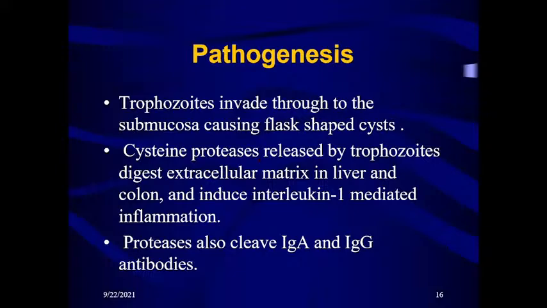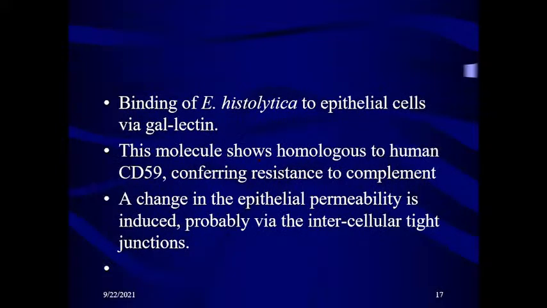Proteases also cleave IgA and IgG antibodies, disarming the host immune system. Entamoeba histolytica binds to epithelial cells via gal-lectin. This molecule shows homology to human CD59, conferring resistance to the complement system.